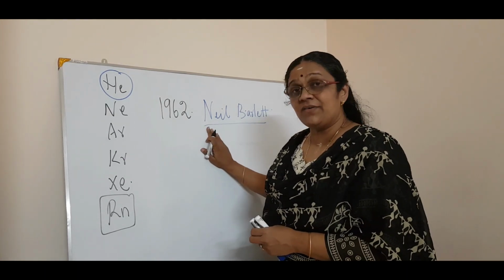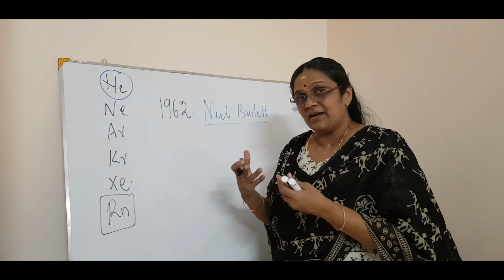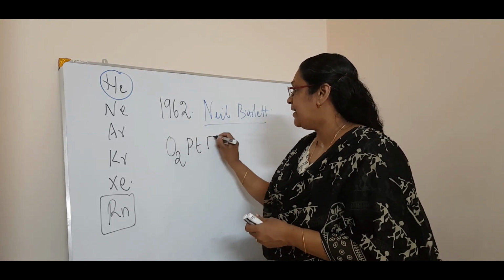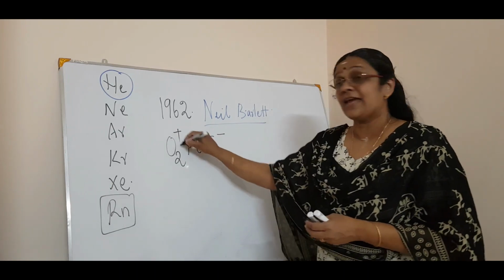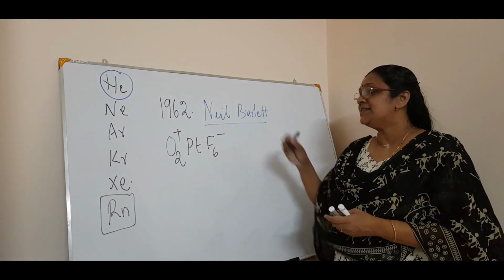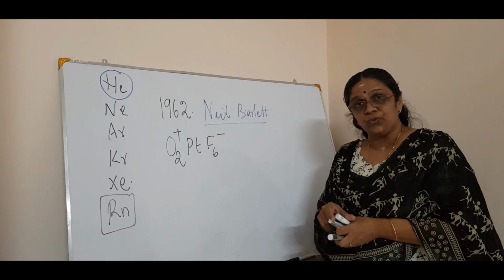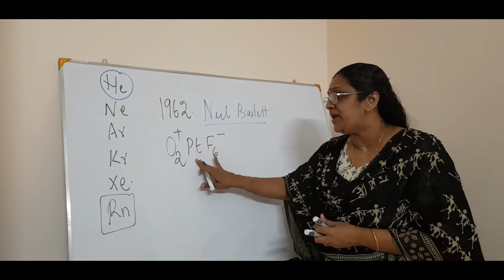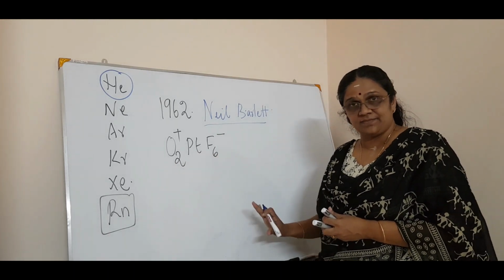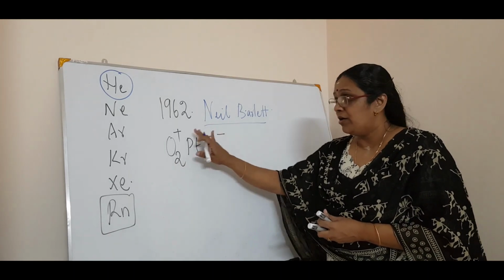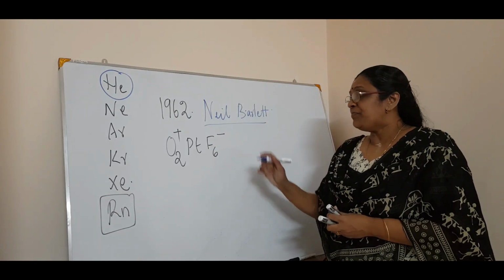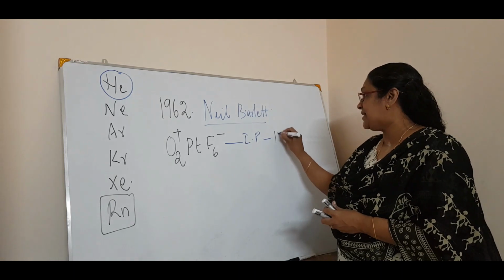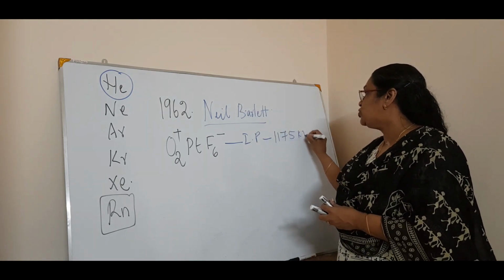He made a compound, O2+ PtF6−. Listen carefully. Neil Bartlett in 1962 prepared a compound like this, that is O2PtF6. This is a complex having both ions. And he found the ionization potential of molecular oxygen as 1175 kilojoule per mole.